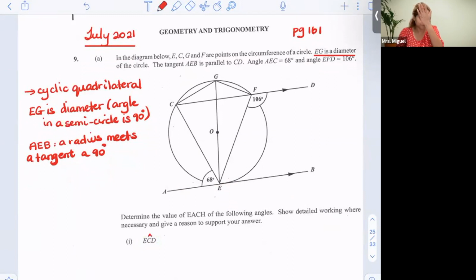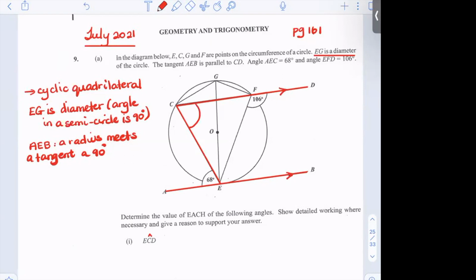So we are looking for ECD, this angle here. Do you notice that this line is parallel to this line here?